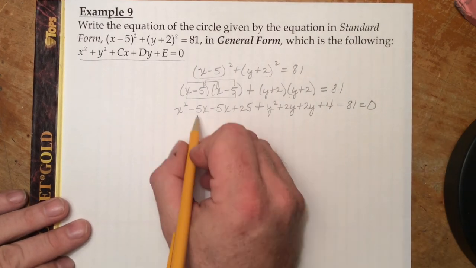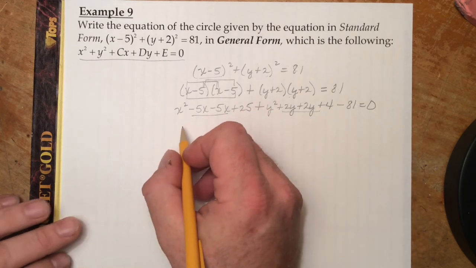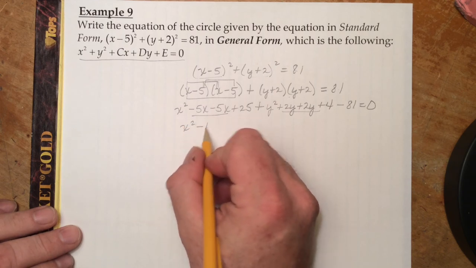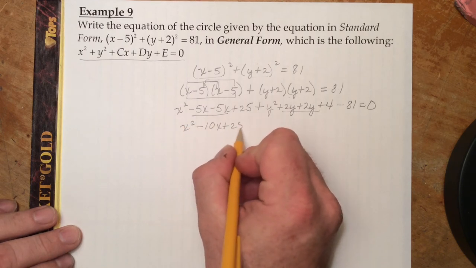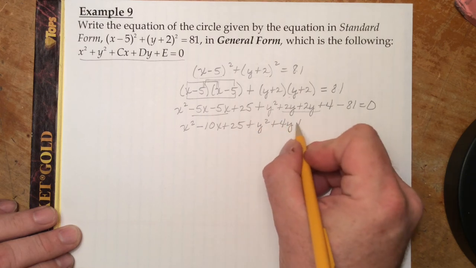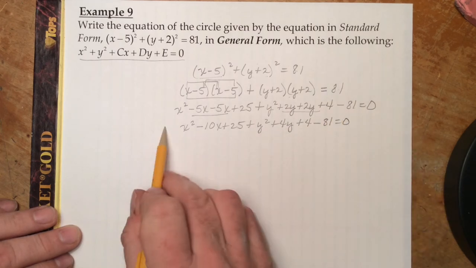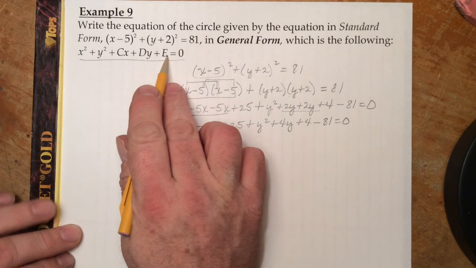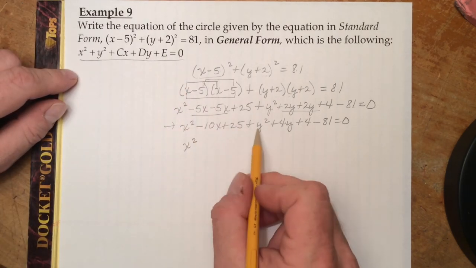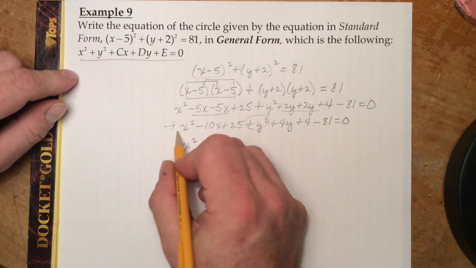At this point, I'm going to combine these two terms and these two terms because they're common terms. So we have x squared minus 10x plus 25 plus y squared plus 4y plus 4 minus 81 equals 0. Right at this point, I start putting it in this form. So I'm going to put my x squared term first, x squared. Next my y squared term, plus y squared.